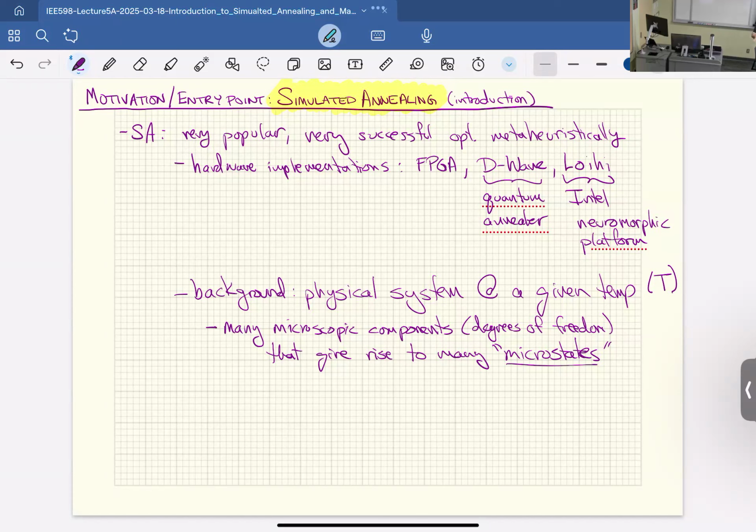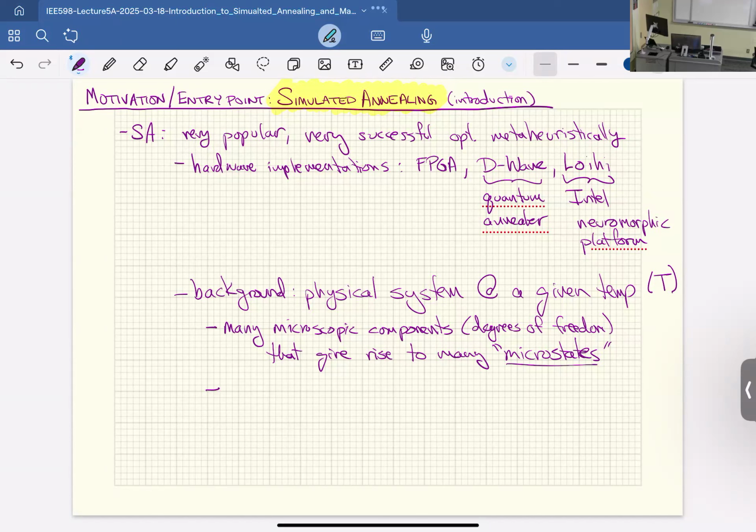So the chair is constantly jiggling from one position to another, moving through all these different microstates. But to us, we just look at this as one macrostate that we would call black chair. That's what we mean by a physical system at a given temperature: underneath it all, this roiling symphony of microscopic elements that give rise to microstates.